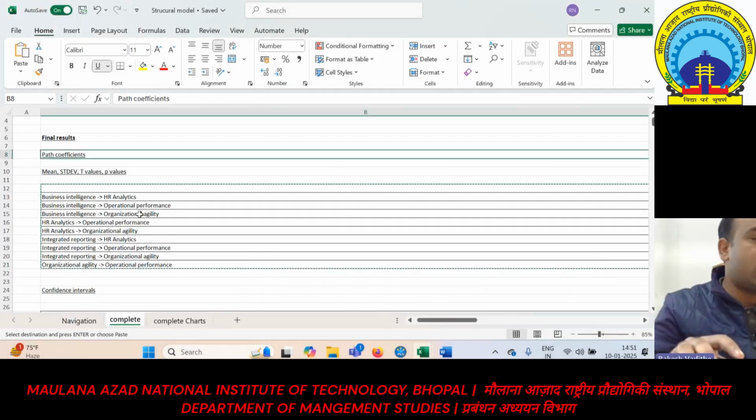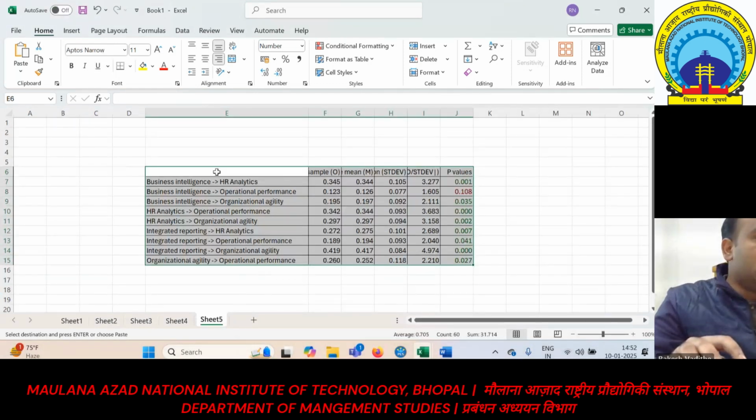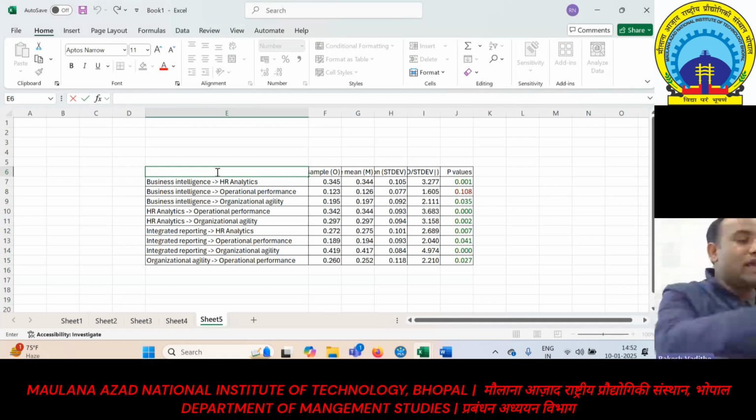In the structural model, what are the proposed hypotheses? Here make it as path relation.